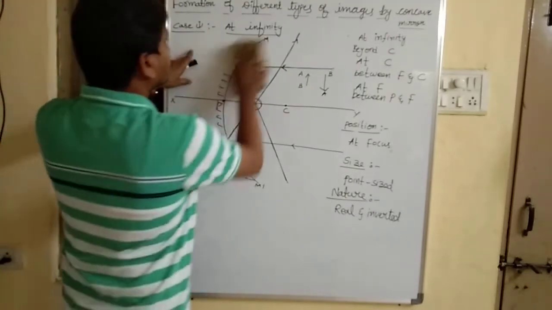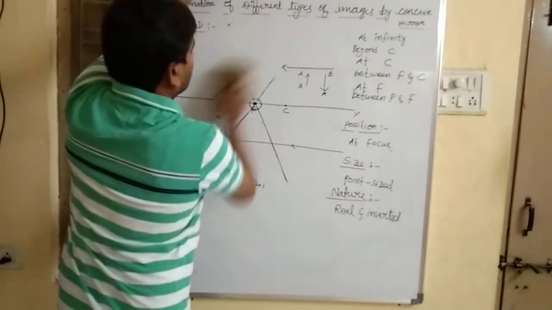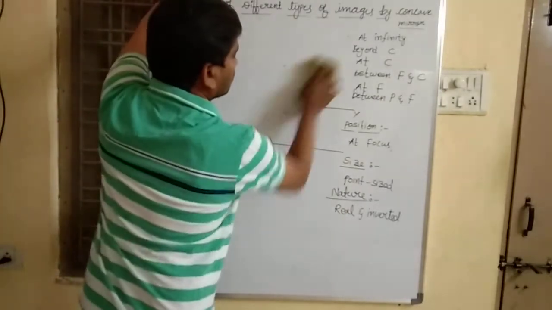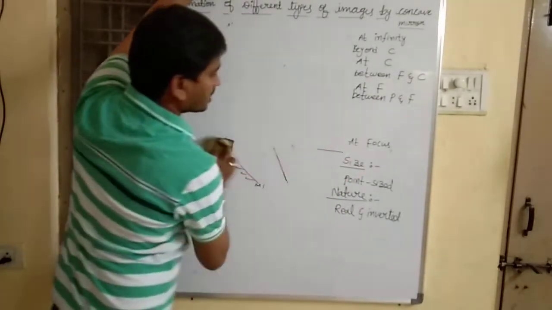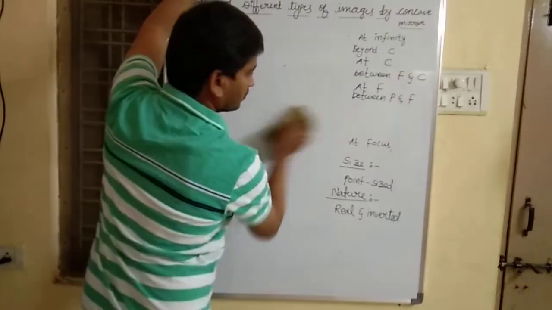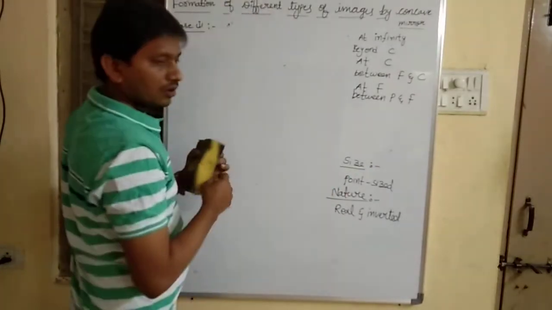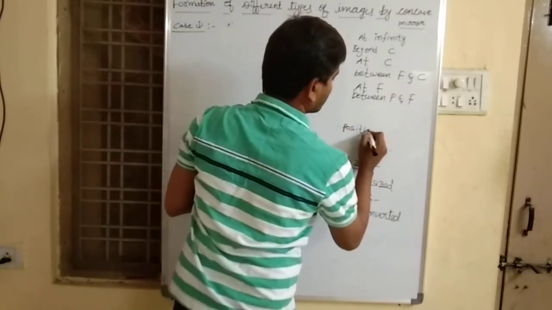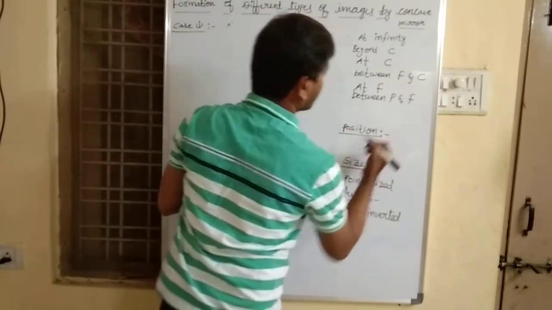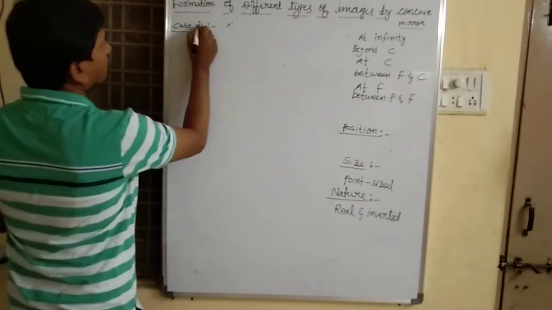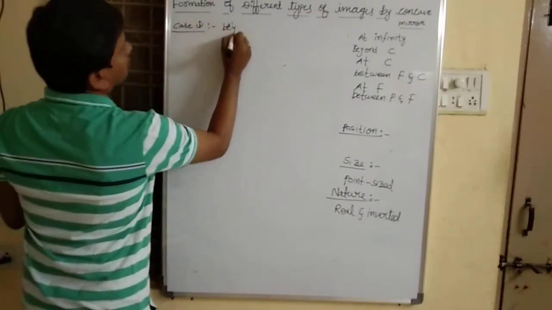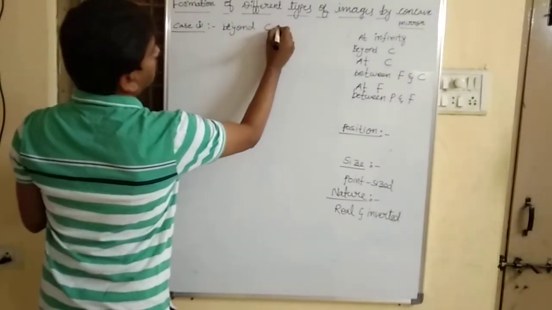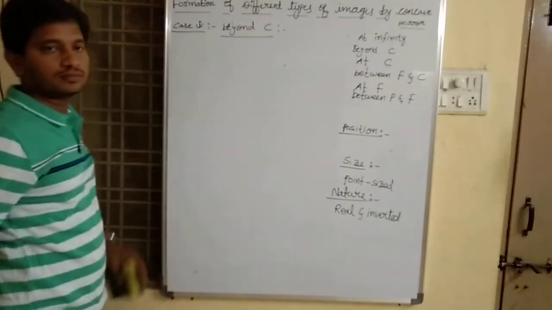And the second case, we have totally 6 cases. We have discussed the first case. So our second case is, if you place an object beyond the center of curvature.